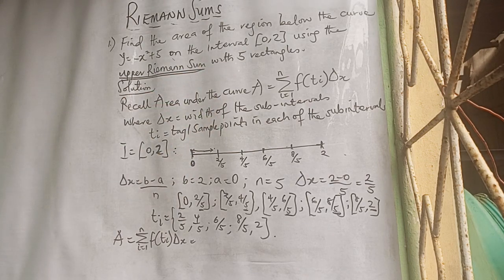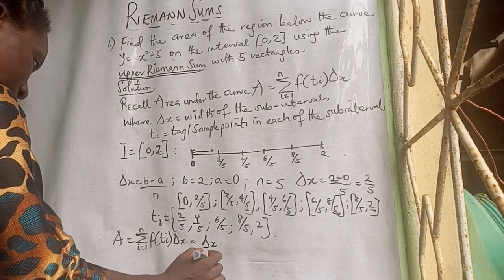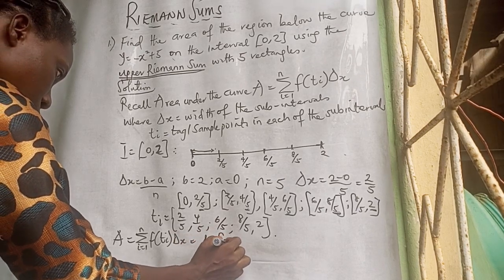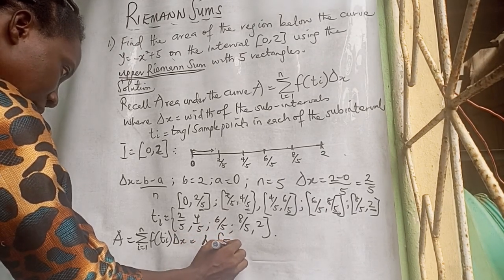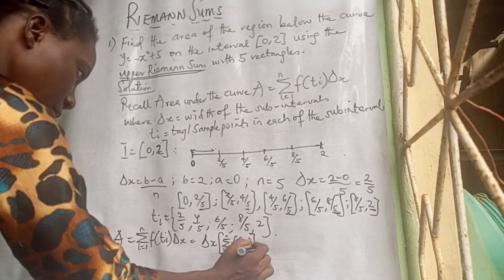Remember, we have gotten our delta x to be 2/5. This is the same thing as saying delta x into the summation as i moves from 1 to n of f of t sub i.